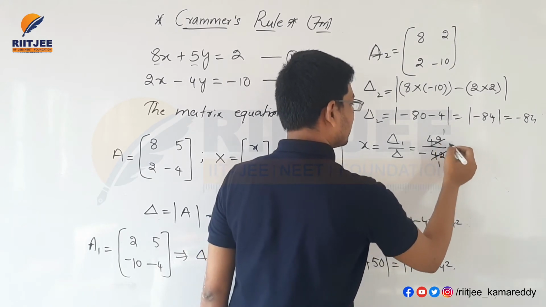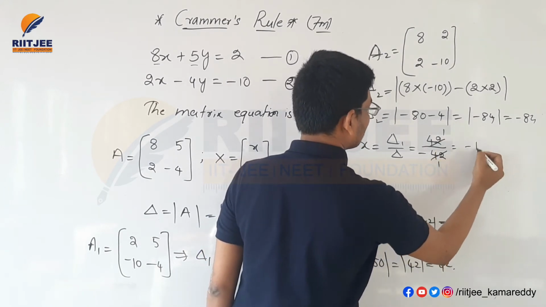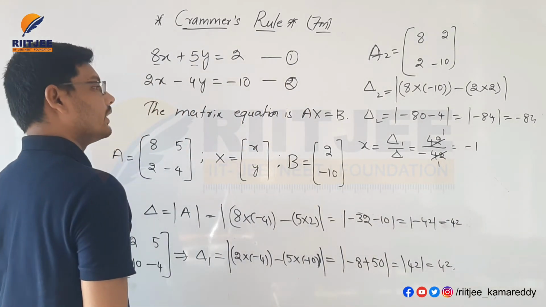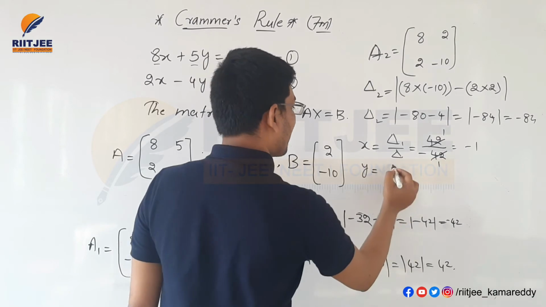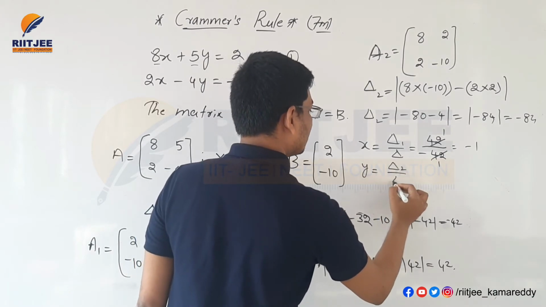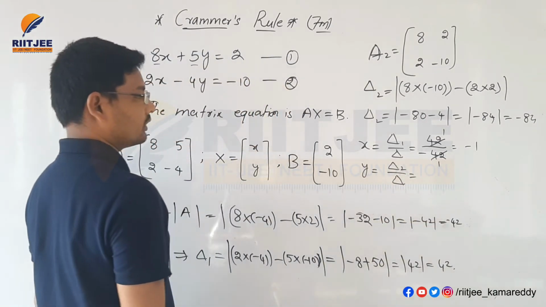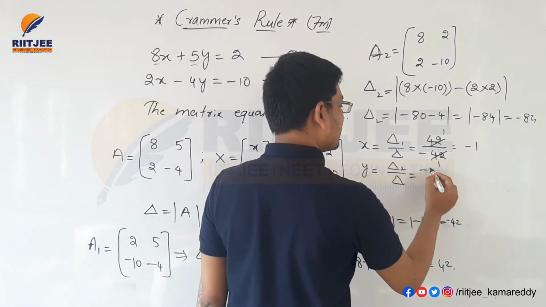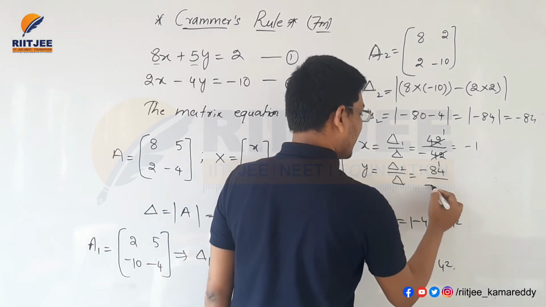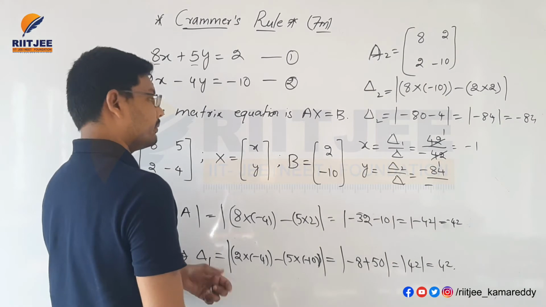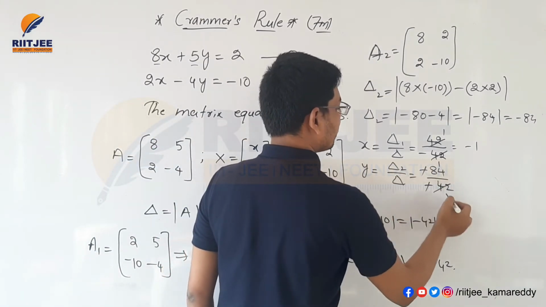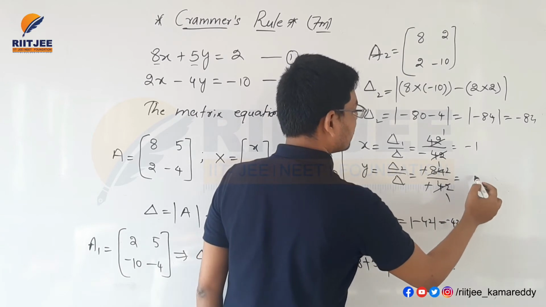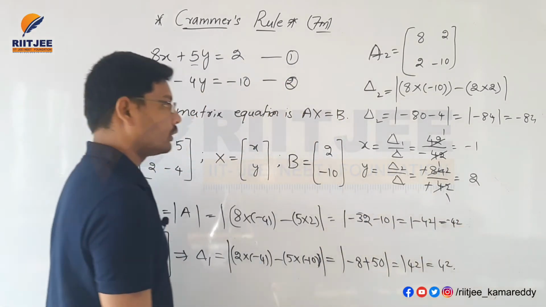So x is 1 by minus 1, that is minus 1. Next, let's find the value of y. The formula is delta 2 by delta. Substituting, minus 84 by minus 42. The minuses cancel, and 84 by 42 gives y equal to 2.